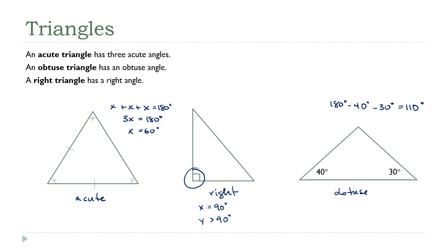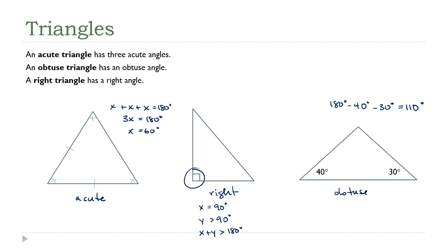Well, if you add these two together, I don't know what it comes out to, but I do know that it's going to be strictly greater than 180 degrees, and that can't happen. We haven't even added the third angle in, and we've already exceeded the number that we know we have to end up on. So no, it isn't possible for a right triangle to have an obtuse angle.